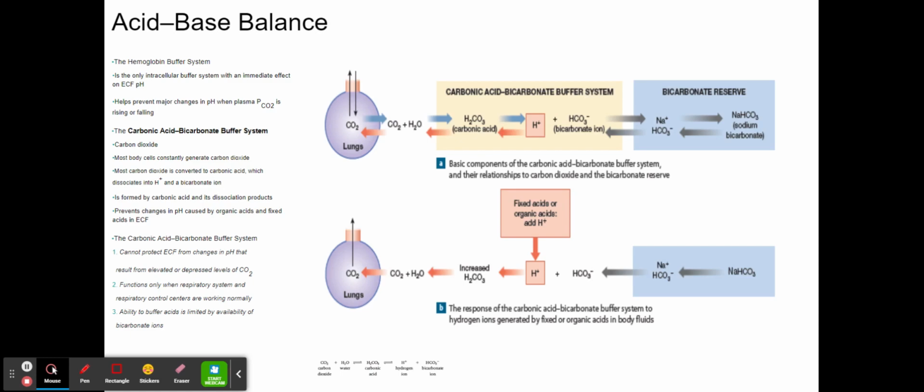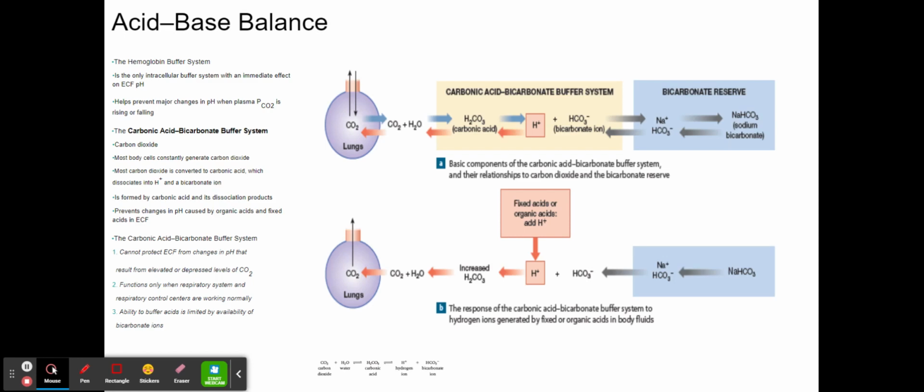So carbon dioxide and water form carbonic acid, which dissociates into hydrogen ions and bicarbonate ions. Because the reaction is freely reversible, a change in the concentration of any one participant affects the concentrations of all the others. For example, if hydrogen ions are added, most of them will be removed by interactions with HCO3-, forming H2CO3, or carbonic acid.